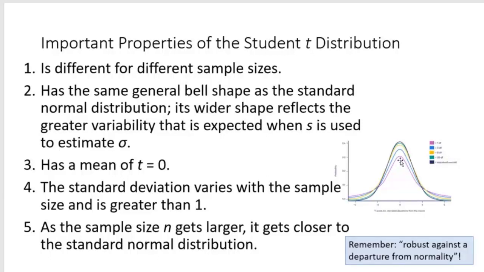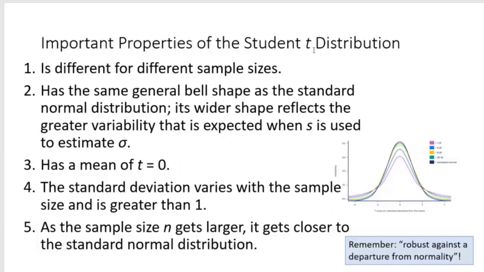If you have a small degree of freedom, it's going to be bigger than the normal out in the tail area and smaller than the normal in the center area. But as you increase those degrees of freedom, it gets closer on both sides. It'll lower itself on the tails and rise up in the center. So the higher degree of freedom, the closer it is to being the normal distribution.